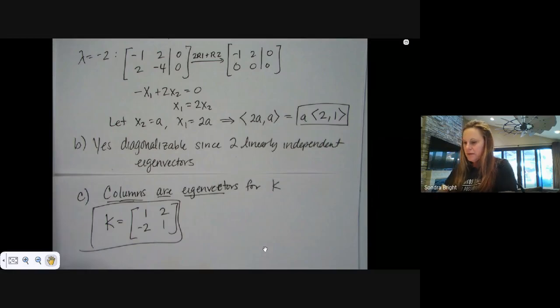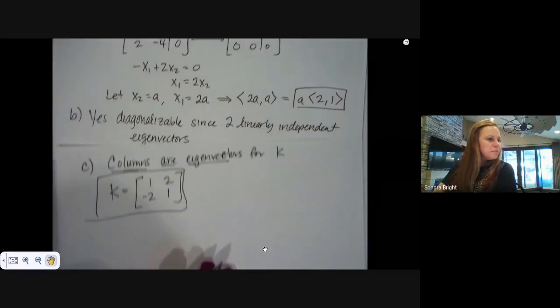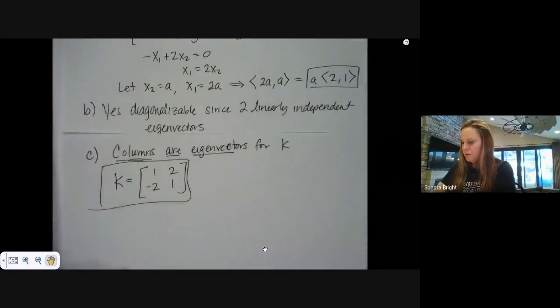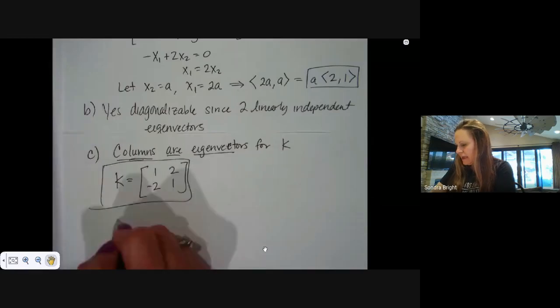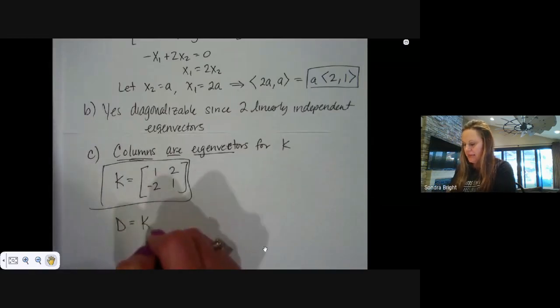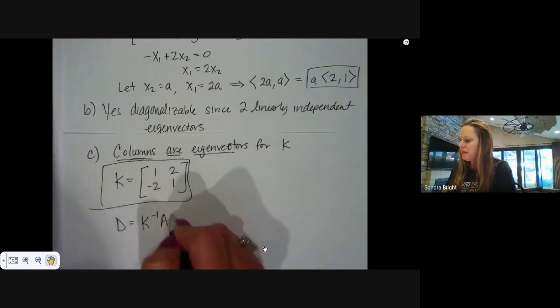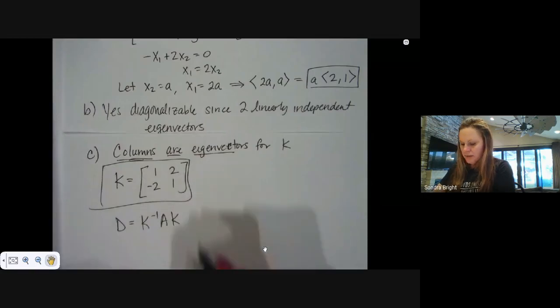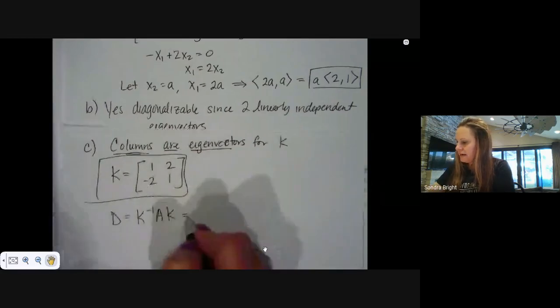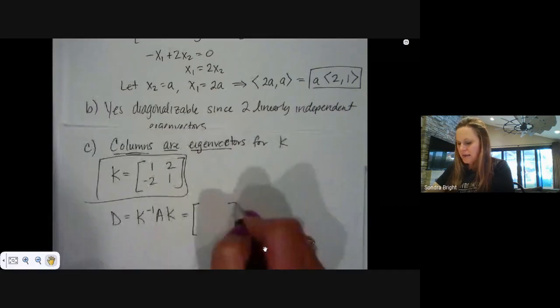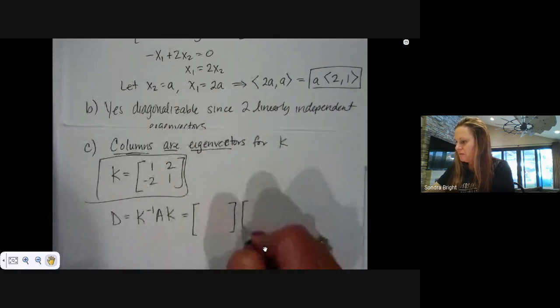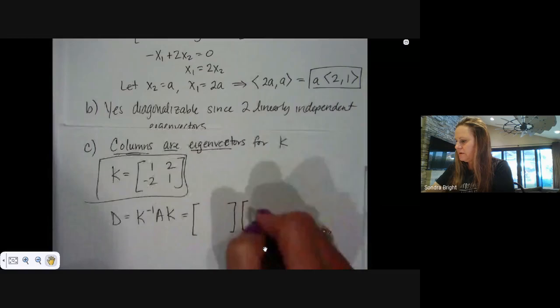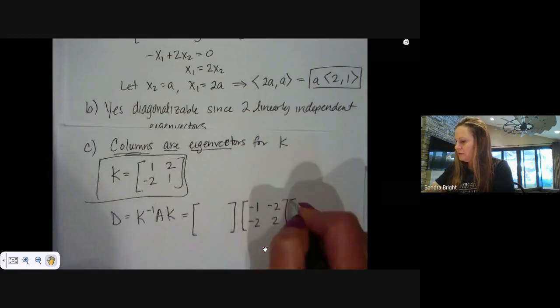Now D is K inverse times A times K. And so I need K inverse. A was -1, -2, -2, 2. K we just found was 1, 2, -2, 1.